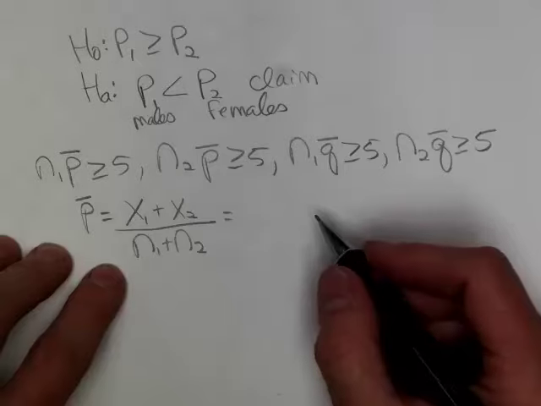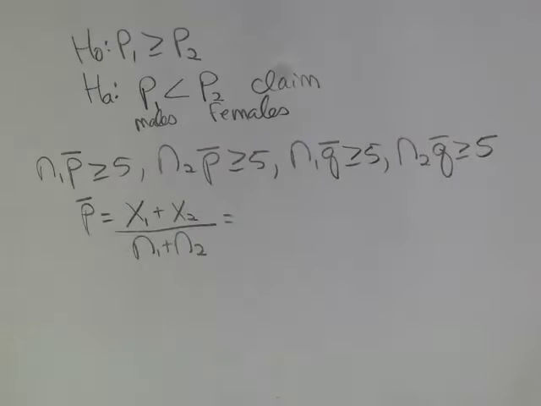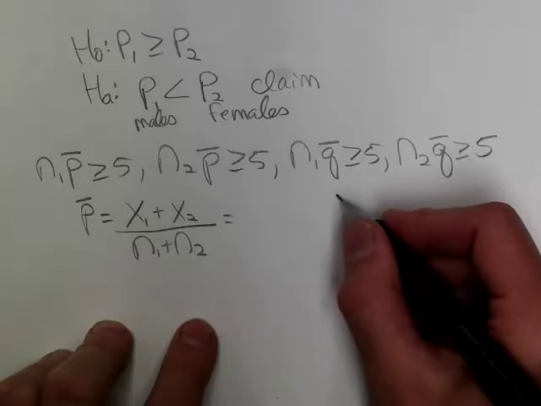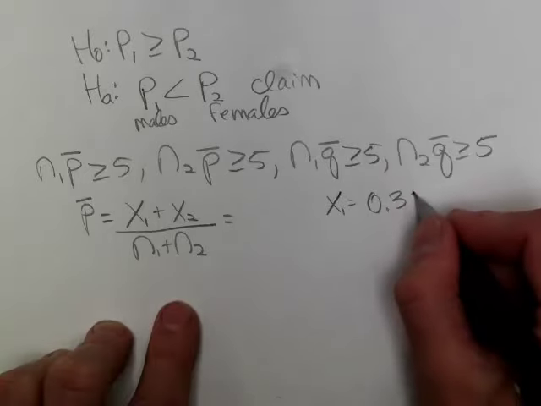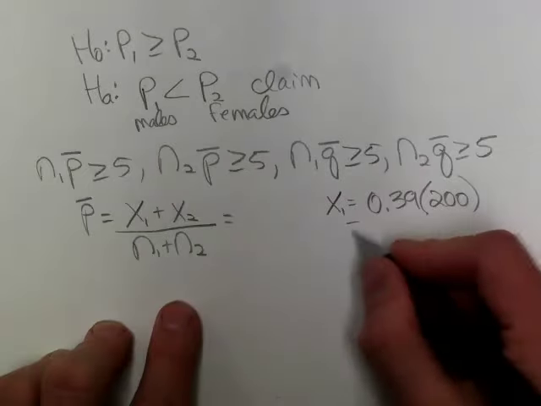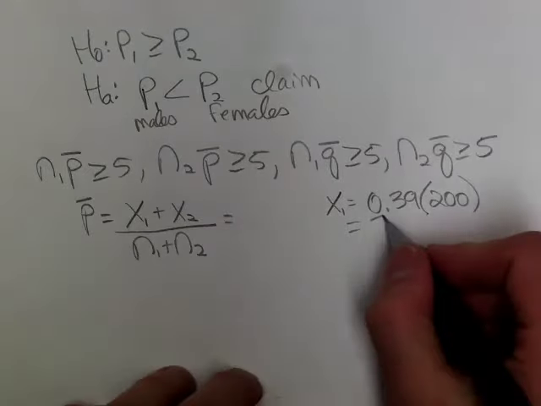So in this problem, we're told that 39% were enrolled in college for the 200 males. So x sub 1 would be equal to 0.39 times 200. That was 78.